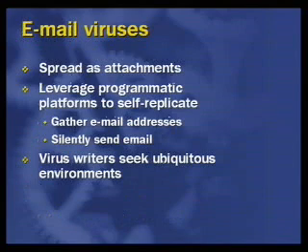A few background facts about email viruses. They typically spread as attachments. They leverage programmatic platforms to self-replicate by gathering email addresses from the address book or from mail messages that would be sitting in the inbox.